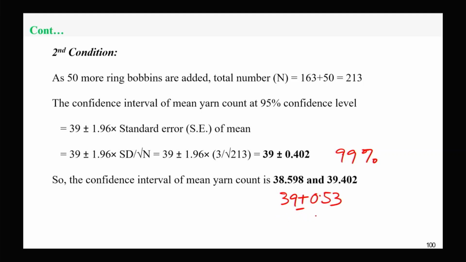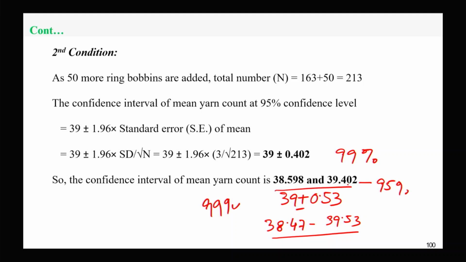That means it will become 39.53 on this side and 38.47 on the other side. So the range has been increased for 99% level compared to 95% level.